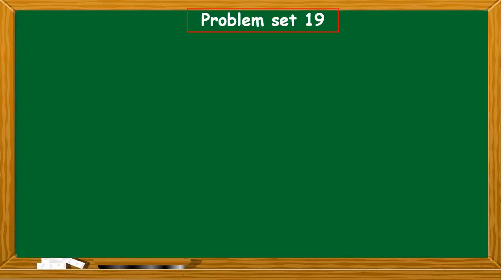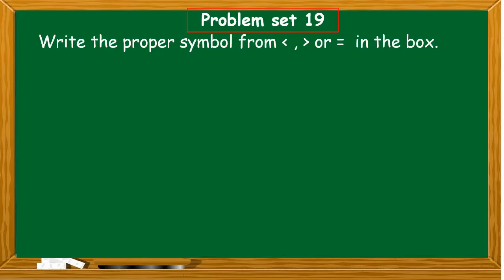Problem set 19. The question is, write the proper symbol less than, greater than or equal to in the box. First example, 3 upon 7 and 3 upon 7.